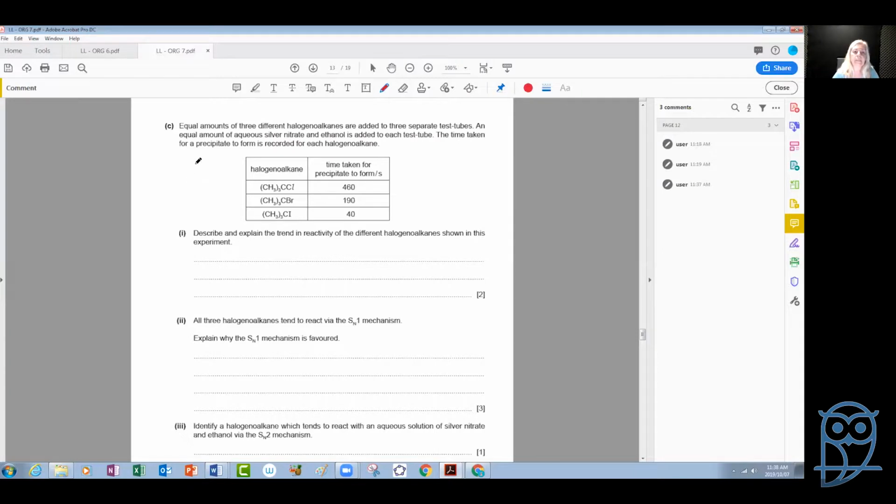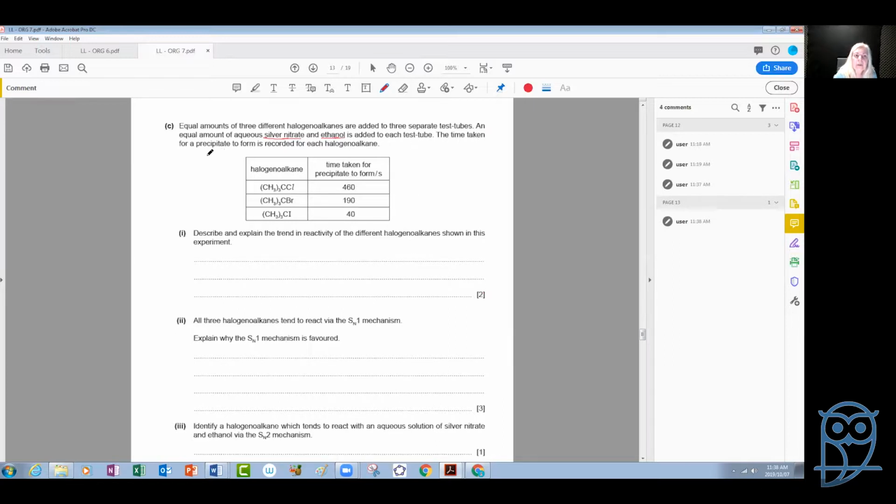Now let us see here. Equal amounts of 3 different halogenoalkanes are added to 3 separate test tubes. An equal amount of aqueous silver nitrate and ethanol is added to each test tube.